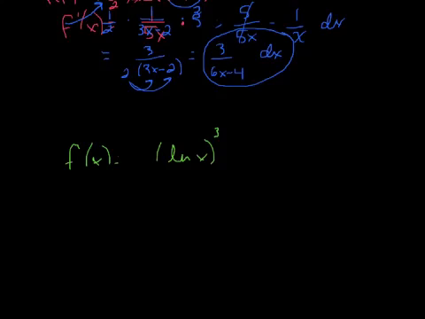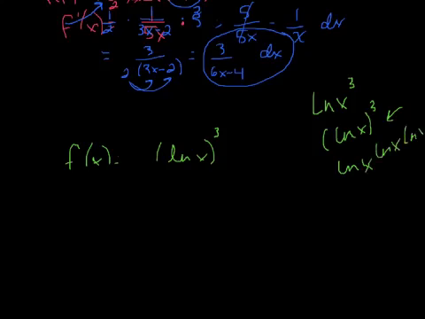Okay, there's a difference between this and this. And in the second expression, you have this times itself 3 times. Okay, and that's different than just the fact that you want the natural log, which is really asking for an exponent of x cubed. So this is not a case where you can bring that 3 forward, just like the rule above. All right, again, because of the difference between these two.